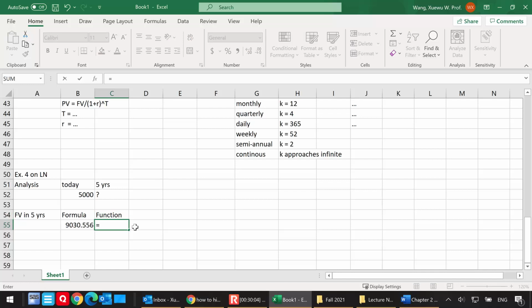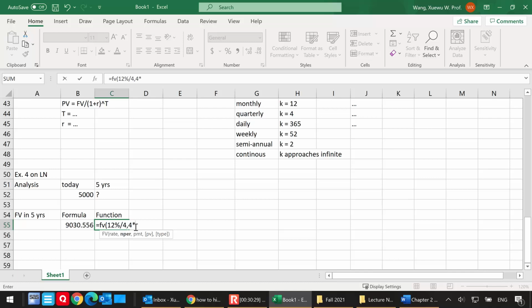Let me discuss a little bit about Excel functions here. I can use the Excel future value function to calculate this. Let me show you how to replicate this number here first, and then I'll discuss the details about Excel functions. So the rate is 12% over 4. NPER stands for number of periods.